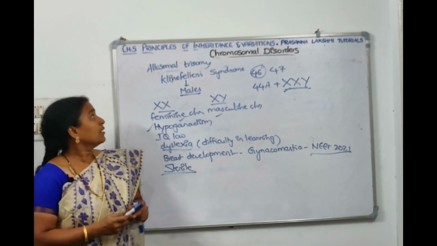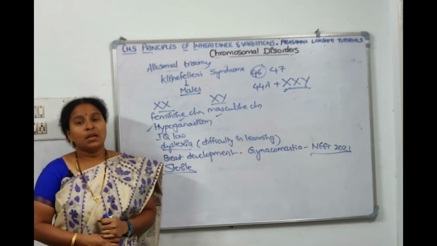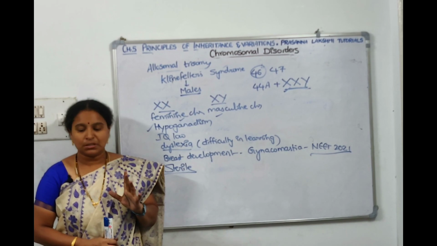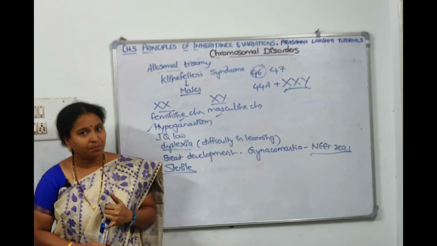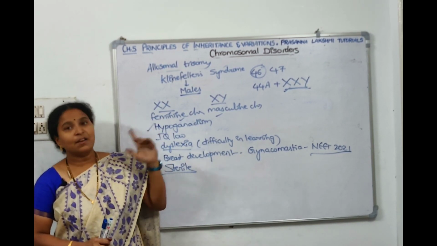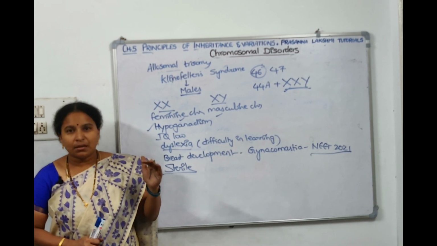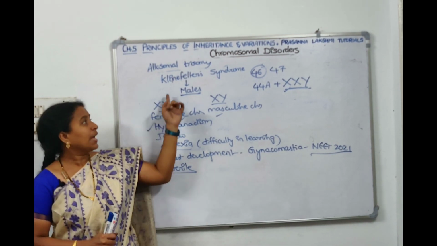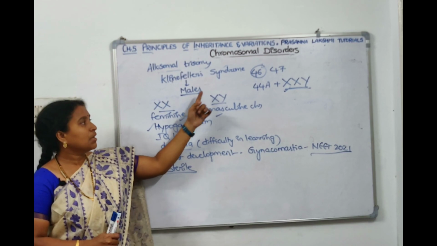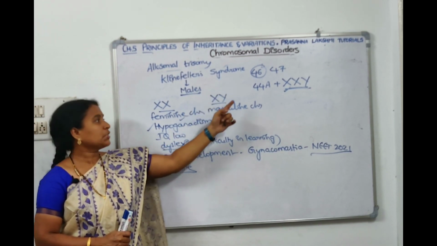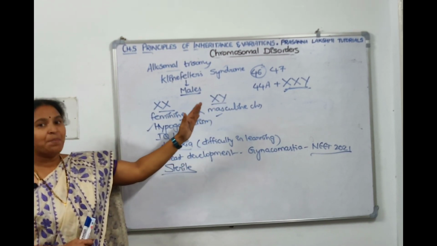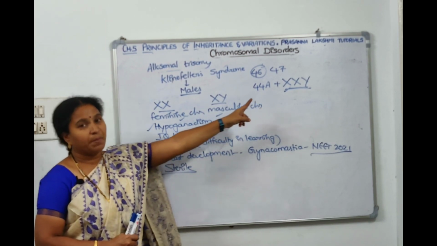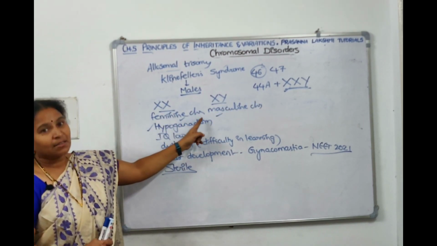So we completed allosomal disorders also. Allosomal monosomy, example Turner syndrome. In NCERT they have given the diagram. Allosomal trisomy, Klinefelter syndrome. Turner's is common in females and Klinefelter's is common in males. One chromosome is added, so instead of 46, 47 are there. 44A plus XXY is a chromosomal complement. Since XX are there, feminine characters can be seen.